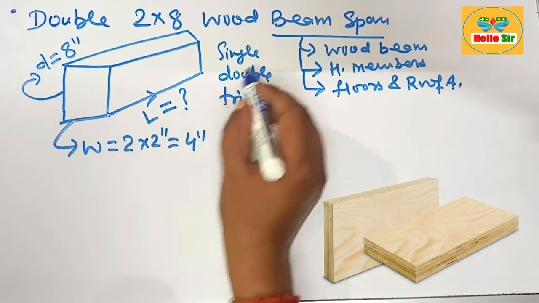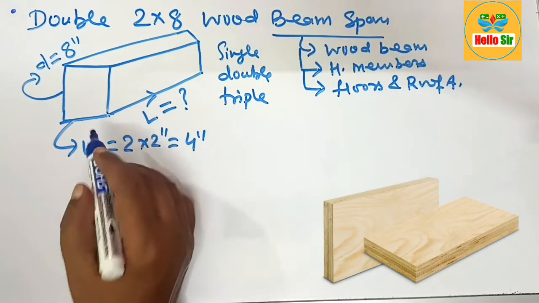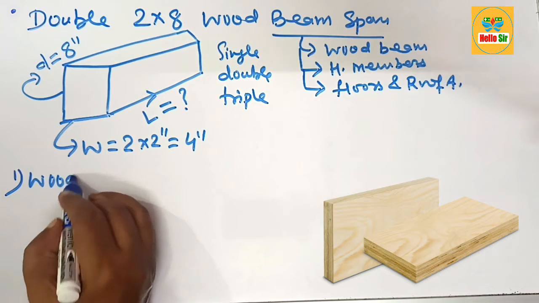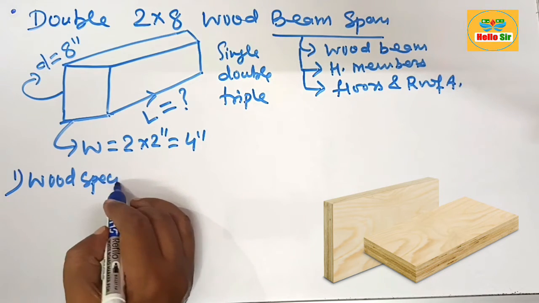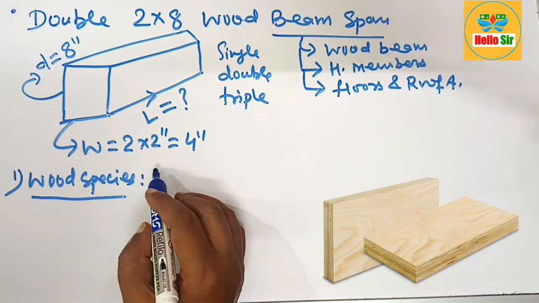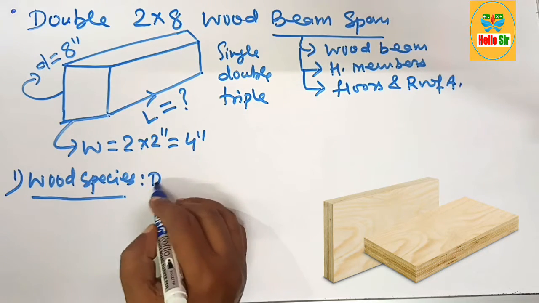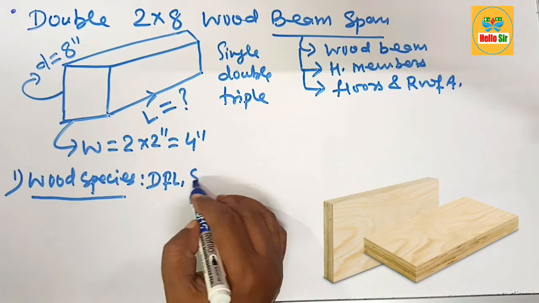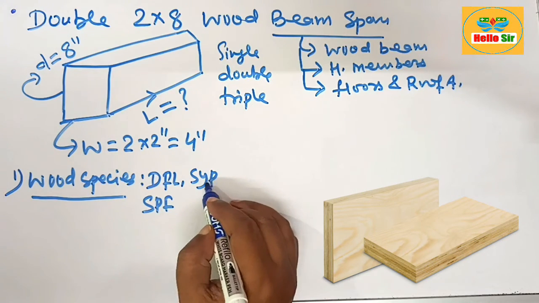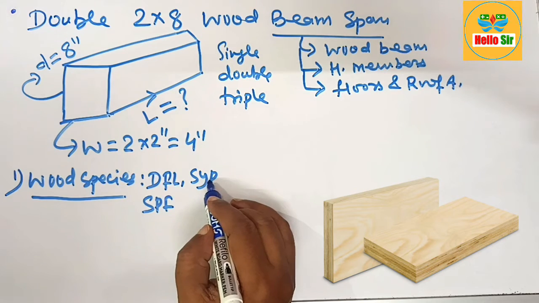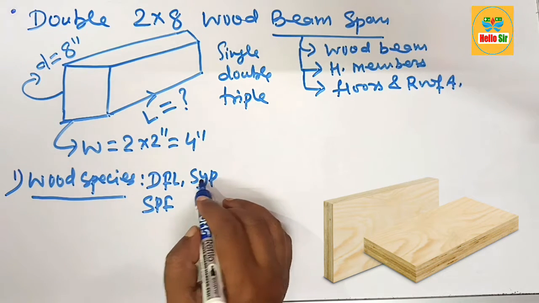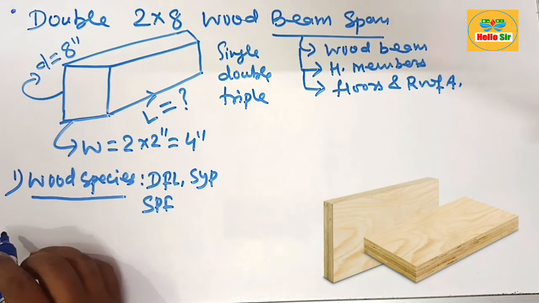First, the span of the beam depends on many factors, like the wood species. There are different kinds of wood used as dimensional lumber, like DFL, SYP, SPF. Southern yellow pine is the strongest species of wood; it can span more compared to other species.